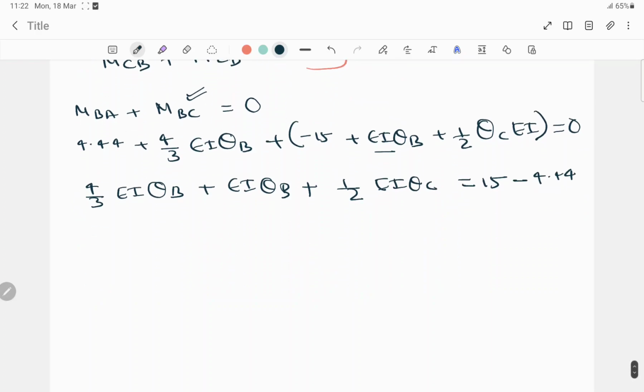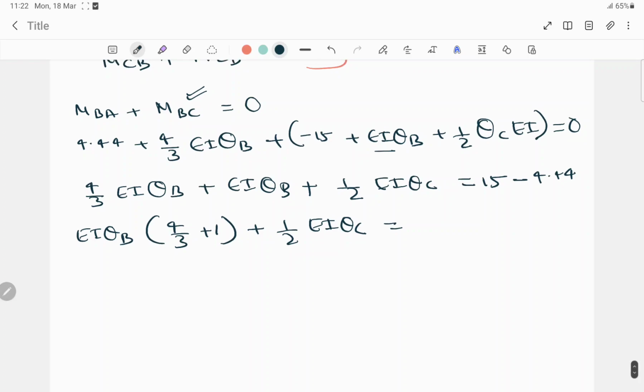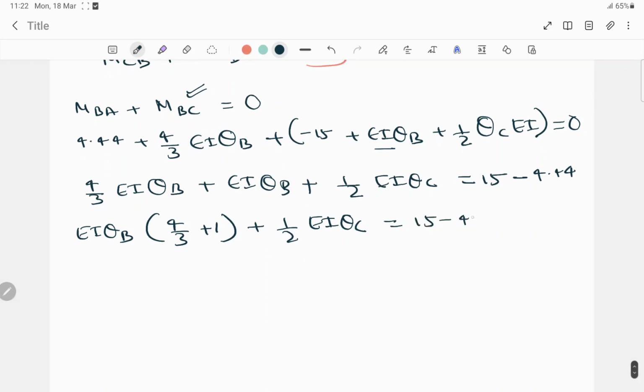Taking EI theta B as common, the equation will be 4 by 3 plus 1 times EI theta B plus half of EI theta C is equal to 15 minus 4.44. Let it be equation number A.